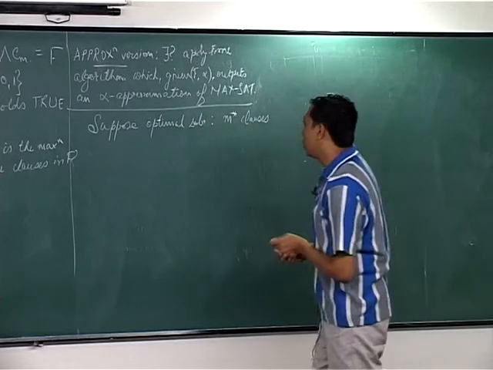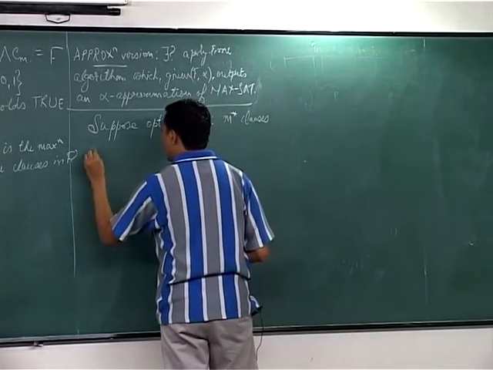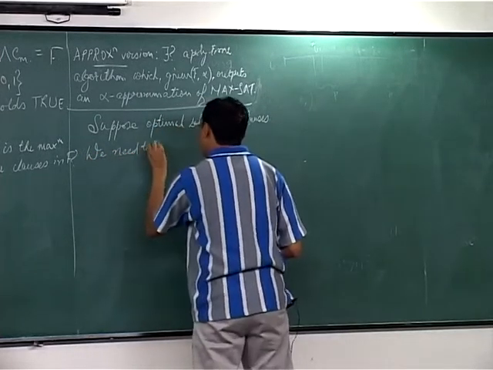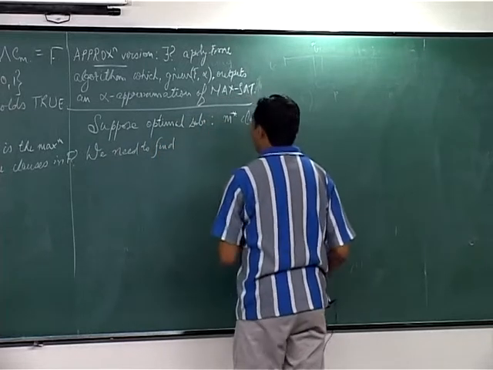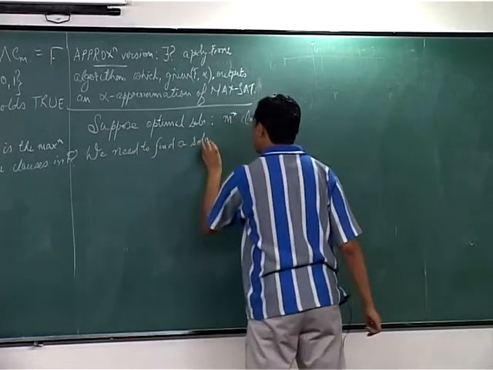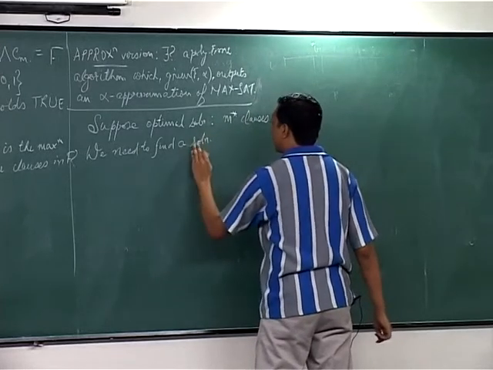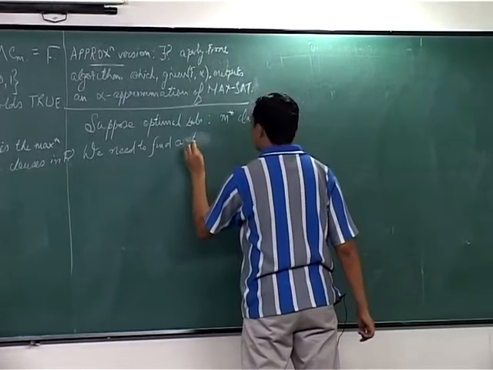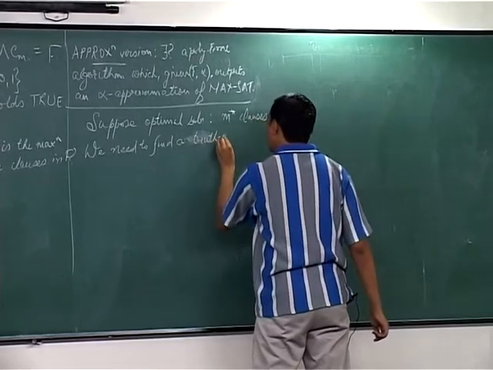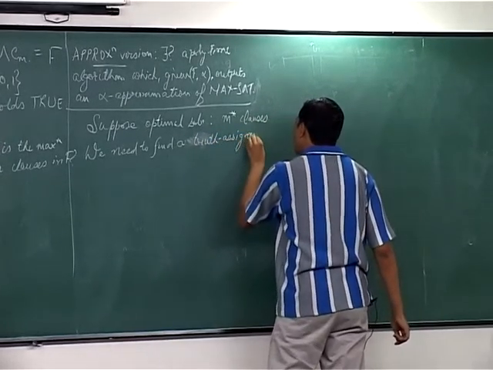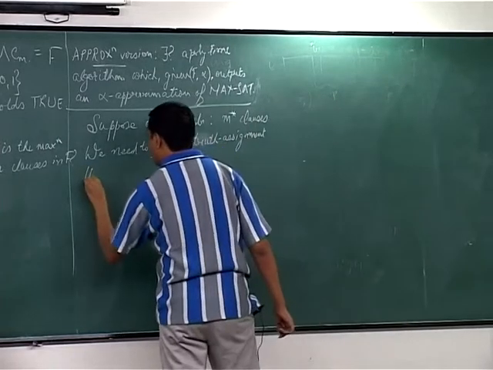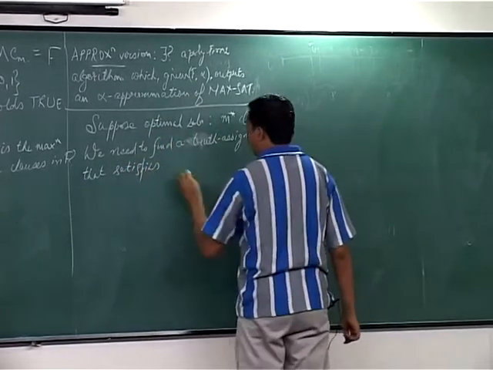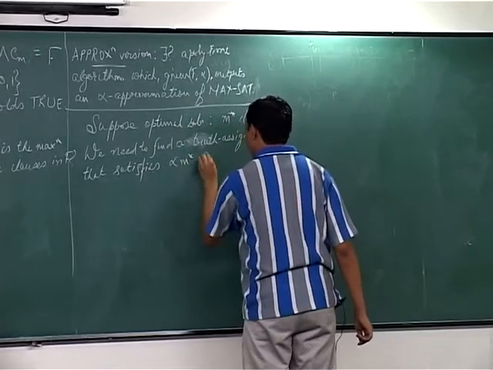Then we need to find a solution, by solution I mean a truth assignment, that satisfies alpha times m star clauses.